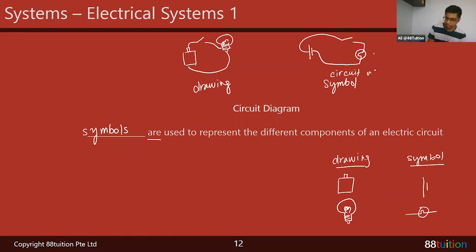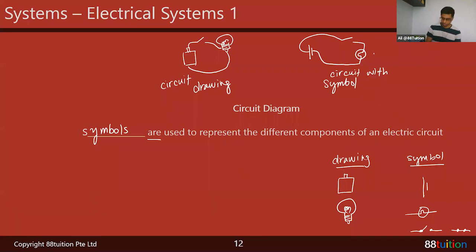This is a drawing of a circuit. So you are encouraged to draw with symbols. That's why you need to learn the symbols. So how do you draw a switch? A switch is just simply like this. When you close the switch, you just draw like that. The switch is already closed. Sometimes you can even draw two circles here to show that there's a switch which was already closed.